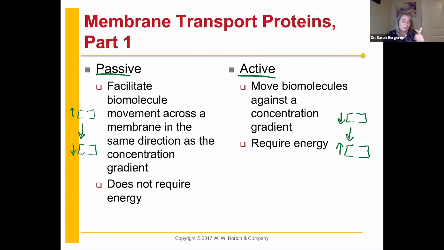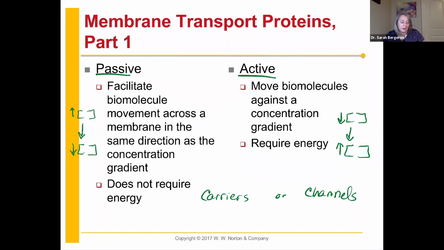So your book kind of goes around it, but I want to point out at this point that there's another set of classifications of membrane transport proteins. They can either be identified as carriers or they can be channels, right? And it's all about how the molecule is designed.